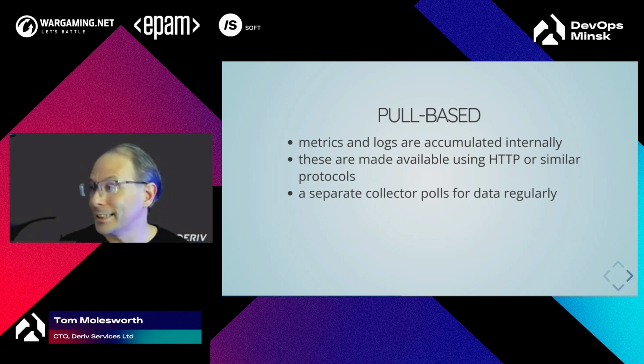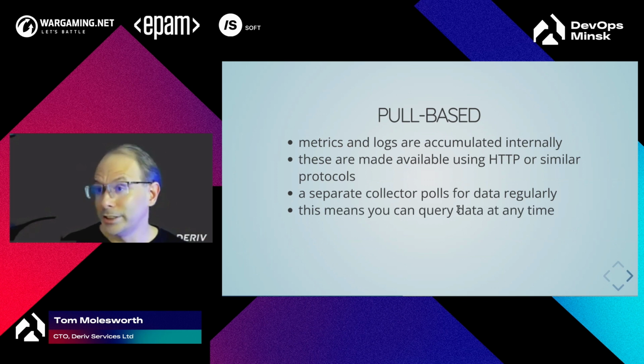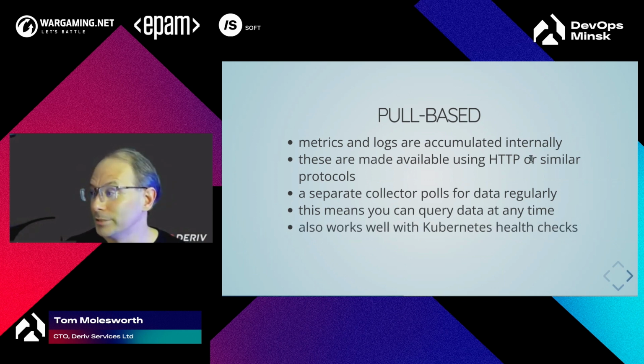It will request that data, and so this is useful in that you can use that endpoint. If it's HTTP, you can just do a GET request, a curl or wget or similar to pull the information. Really good fit with things like the Kubernetes health checks and liveness checks, because that concept is available in most languages. You just have an HTTP endpoint.